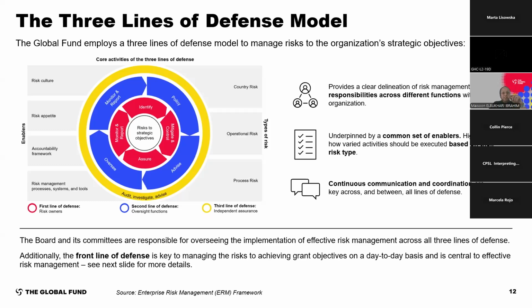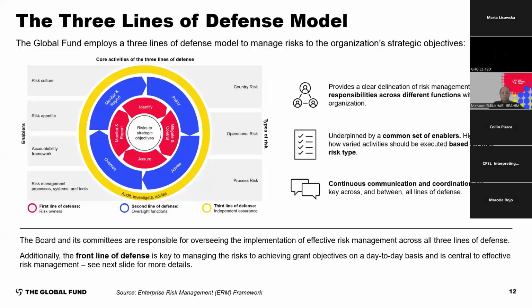If we look at the center of the slide, you will see what we call the three lines of defense. I'll briefly describe the role of each of these lines, and then we will dive into the details in the next slide. The red is the first line of defense, and these are the teams that manage risks on a day-to-day basis. For country grants, this would be your country teams.